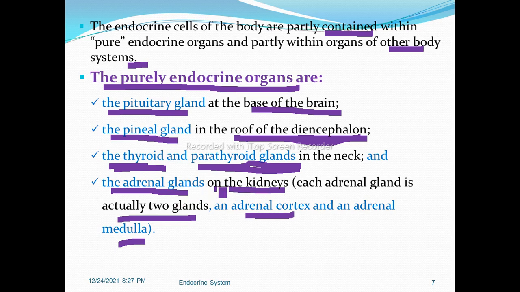The right adrenal gland seems triangular in shape, and the left adrenal gland seems rectangular in shape. The adrenal gland is divided into two parts: the outer adrenal cortex and the inner adrenal medulla.